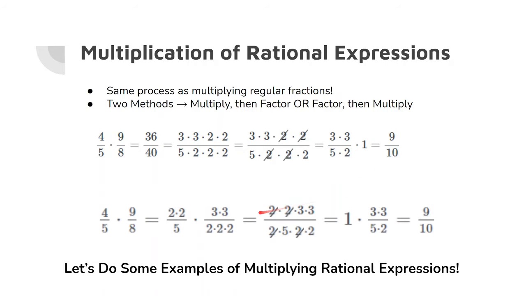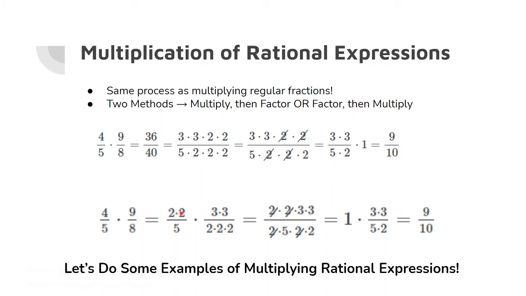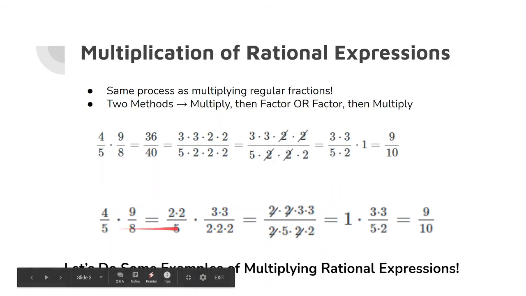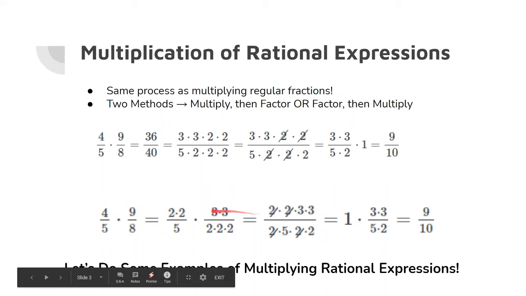And then you can also do the opposite. You can factor before you multiply. Here, you can see that they did 2 times 2, and then divided it by 5. And for 9, it's 3 times 3. And for 8, it's 2 times 2 times 2. It's essentially the same process, but they just did it before rather than after.